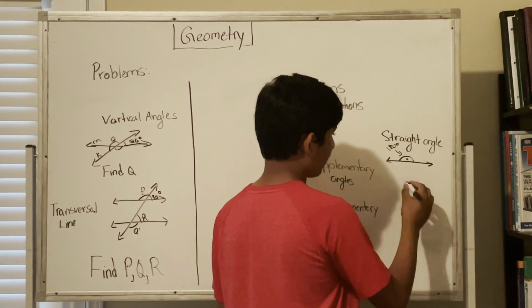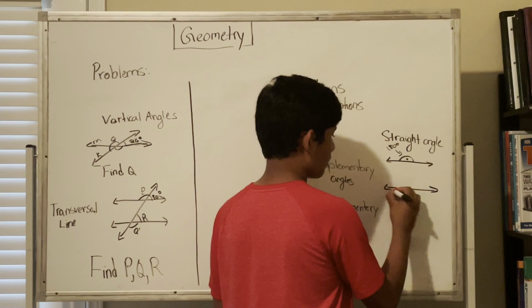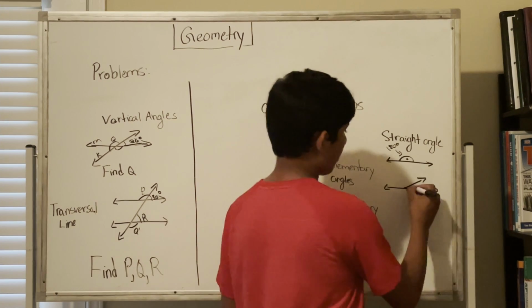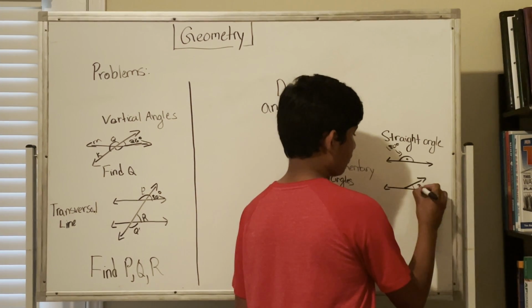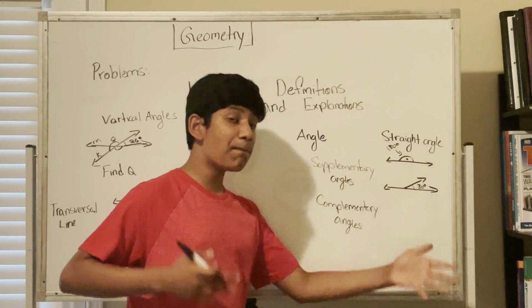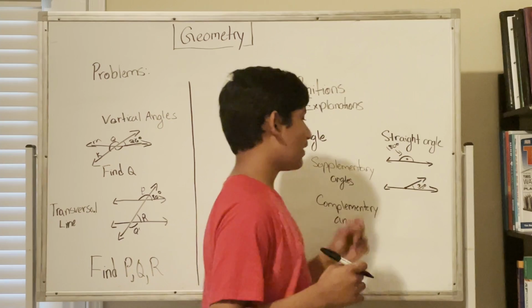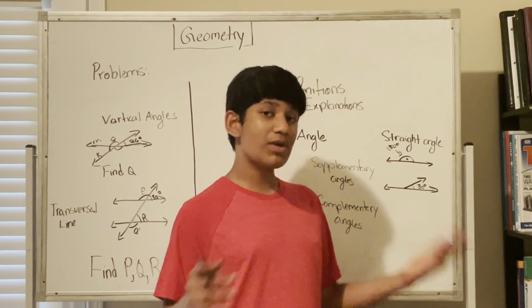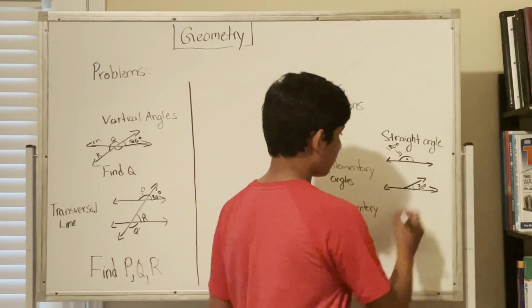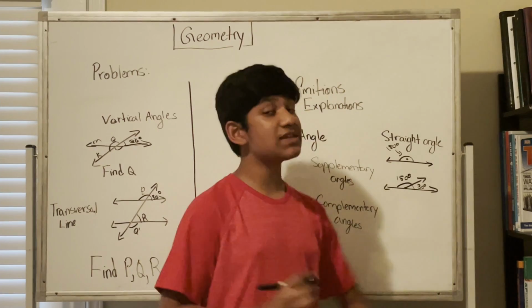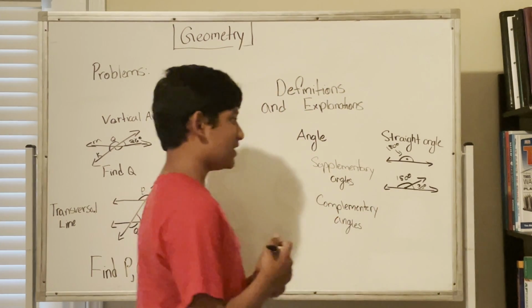So supplementary angles, let's say we have a ray over here, and let's call this 30 degrees. So if we want to try to find the supplement of 30 degrees, we want to say what number, when added to 30 degrees, gives us 180 degrees. Well, that's just simply 150 degrees. So the supplement of 30 degrees is 150 degrees.